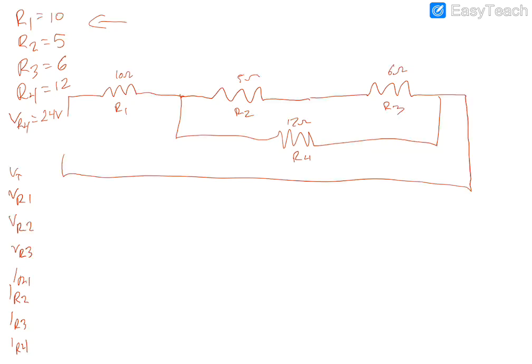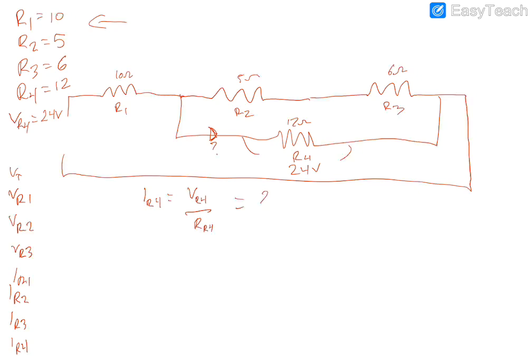So where do we start? Well, we know that we've got 24 volts going across this resistor. If we have 24 volts going across this resistor, we can find the current. So the current of R4 is equal to the volt drop of R4 divided by the resistance of R4.